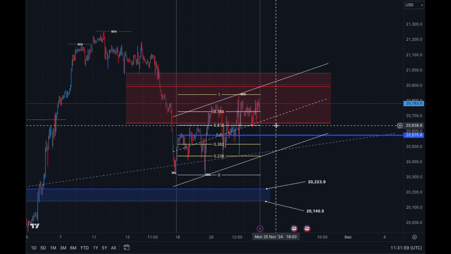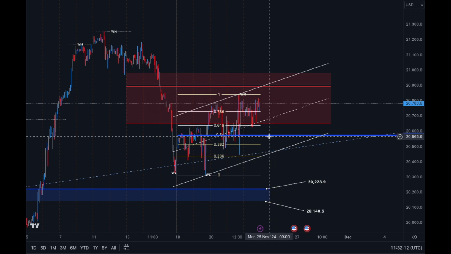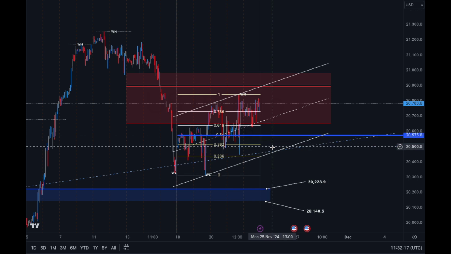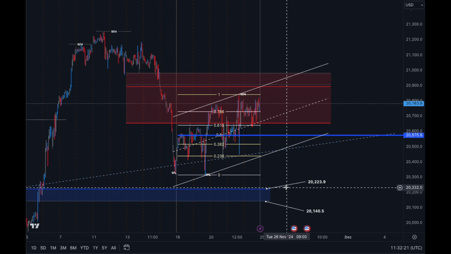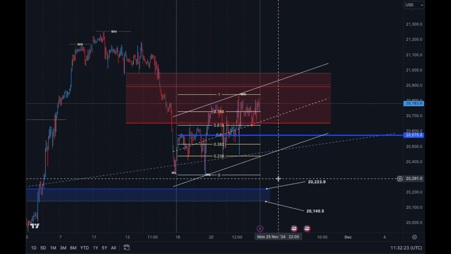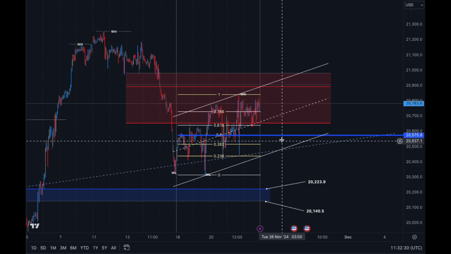Some of you might want to be a little more cautious, and wait until you get a close below the Fibonacci level, and then drive price downwards. Quick apologies, for some weird reason I'm confusing FVG with Fibonacci and saying things in the wrong order. So let's do that one more time.